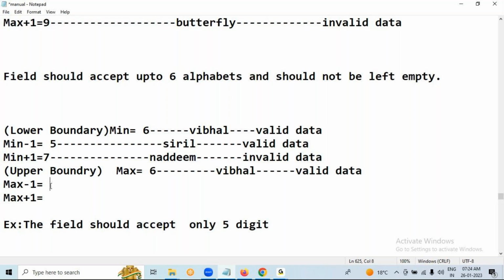This will be 5. And I think it should be valid data too. Yes. So what is that? 5 plus 6, and this will be 7. Yeah, this will be 7. And this will be invalid data.